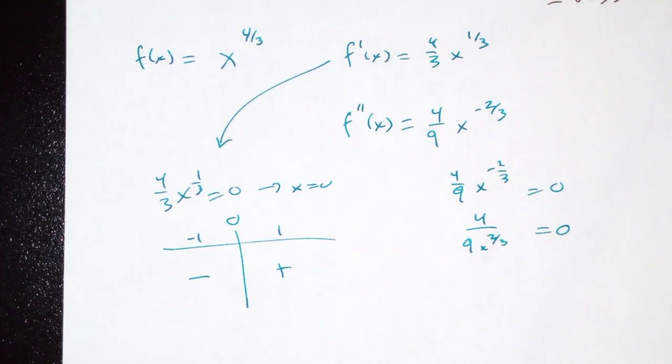What other things do I need to look for in a critical point? A value x equals c is a critical number if the derivative is 0 or... Chapter 4, Section 1, this is right before Fermat's theorem.